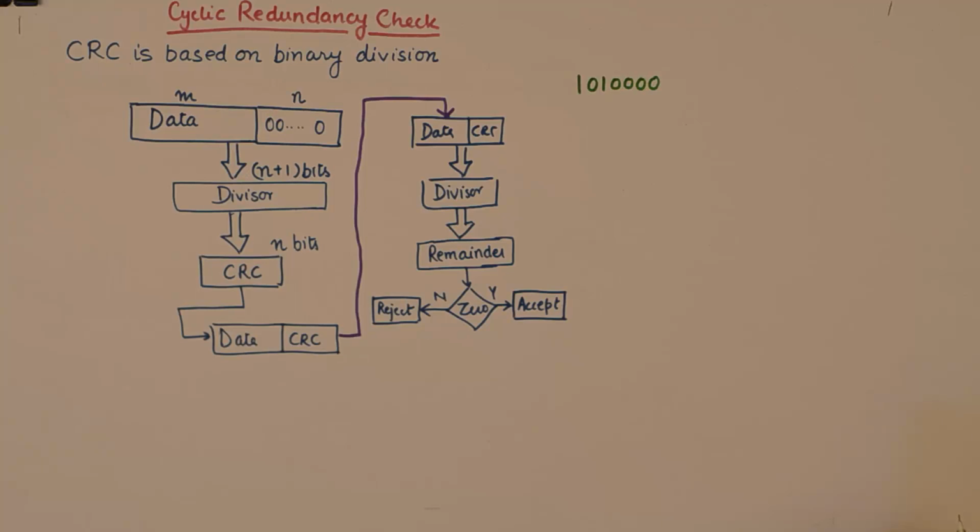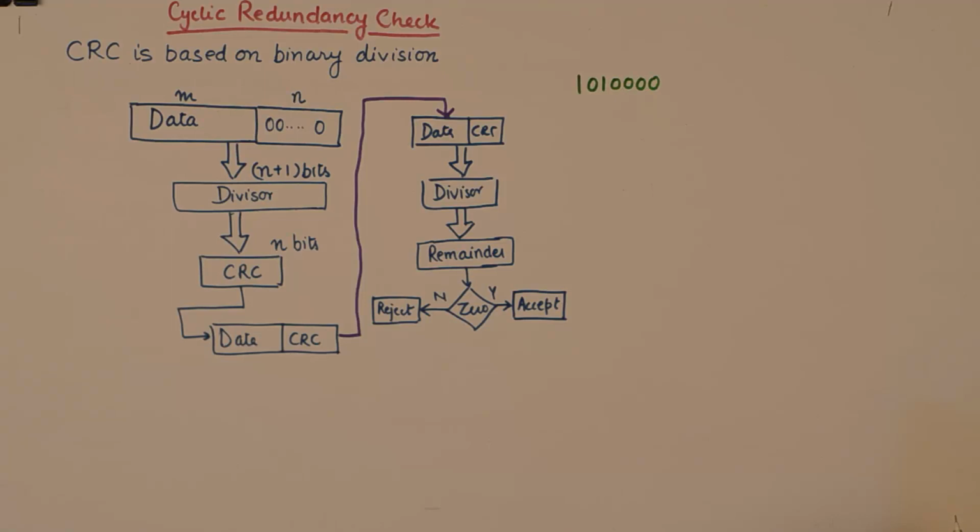We'll talk about error detection and correction codes, and in that series we are covering CRC, which is acronymed as Cyclic Redundancy Check.